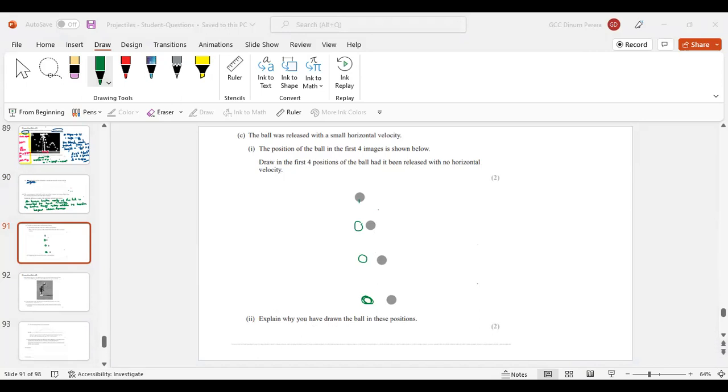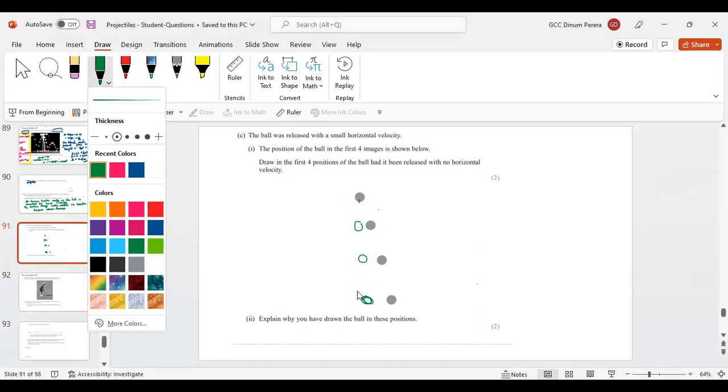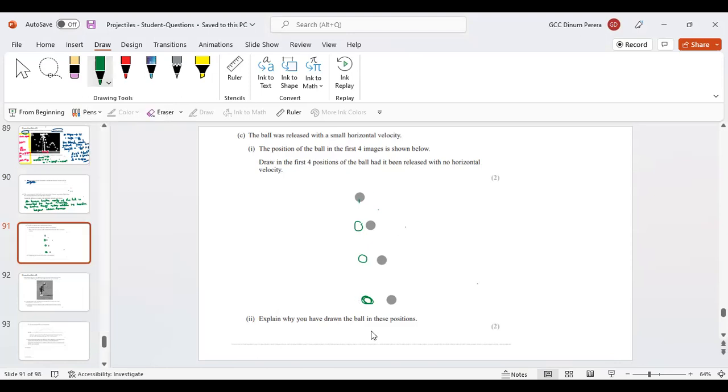Right. So why have we drawn the ball in this position? When we were drawing this ball, we maintain the same position. I mean, it's falling along the same vertical line. And because there is no horizontal velocity, it falls vertically.